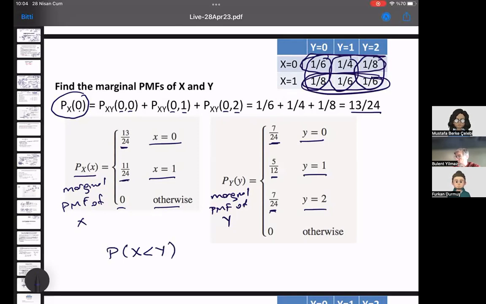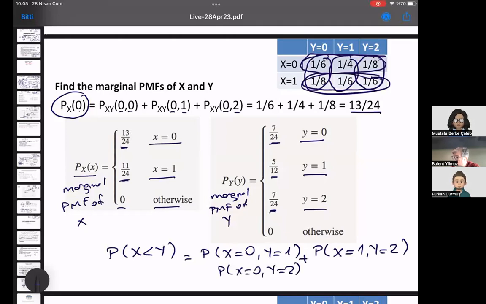Yes, hocam. So, for example, here I'm going to write probability of x equals 0, y equals 1, plus probability of x equals 1 and y equals 2. Right? And also probability of x equals 0, y equals 2. These are the three options, right? If this is 0, it can be either 1 or 2. If this is 1, it can be only 2.